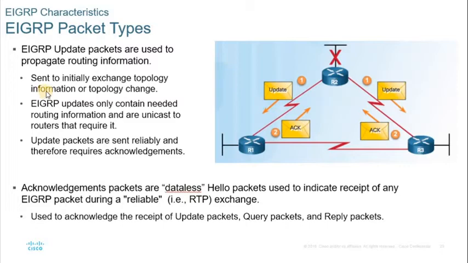It is sent initially to exchange topology information or whenever there is a topology change. EIGRP updates also contain needed routing info and are unicast to routers that require it. That's why at the start of this module, I mentioned that EIGRP somewhat works like a link state type.